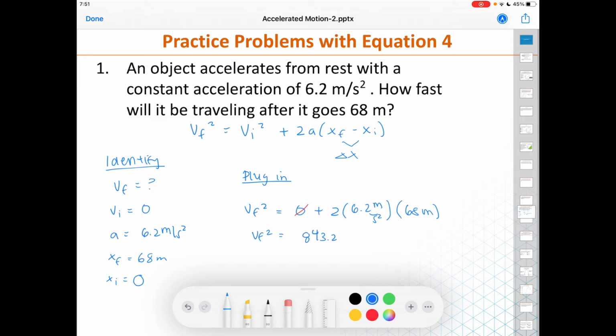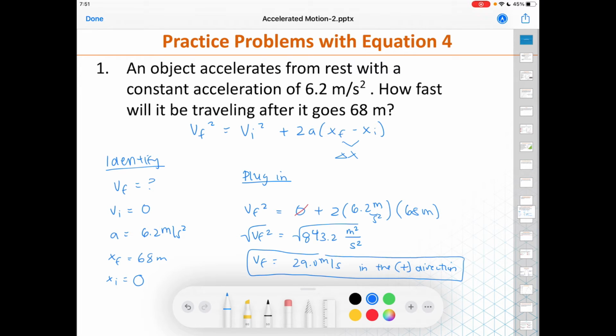For the units, we have meters times meters, so that'll give you meters squared over second squared. Last thing is we need just the velocity, so we'll take the square root, and velocity is going to be equal to 29.0 meters per second. And it's going in the positive direction. Also notice how your units, when you take the square root of meters squared and second squared, it will turn out to just meters per second.